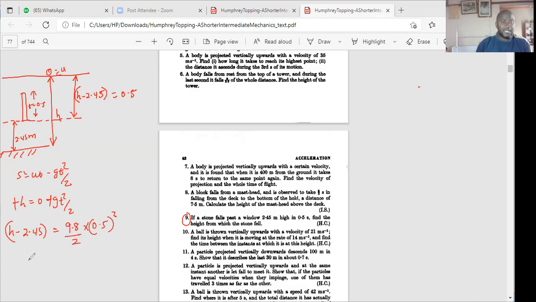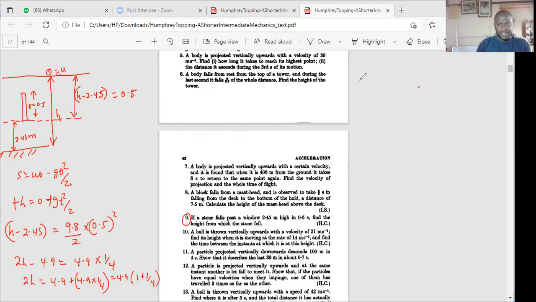When you cross multiply, we shall realize 2h minus 4.9 is equal to 4.9 times a quarter. So 2h will give me 4.9 plus 4.9 times a quarter. Actually, this is 4.9 into brackets 1 plus a quarter.